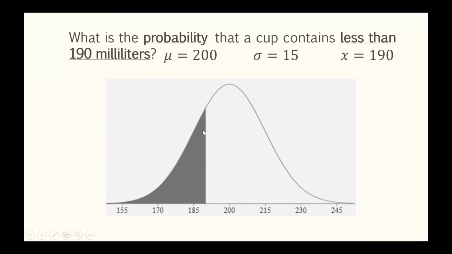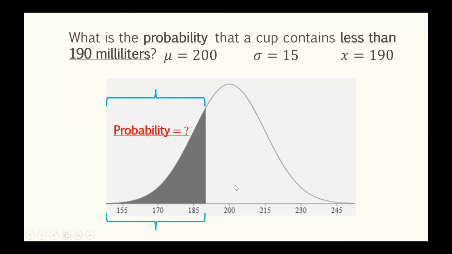So from 190 to the left, that is the shaded part. So from the question, we are going to get the probability of the shaded portion. The shaded portion is the probability that a cup contains less than 190 milliliters.